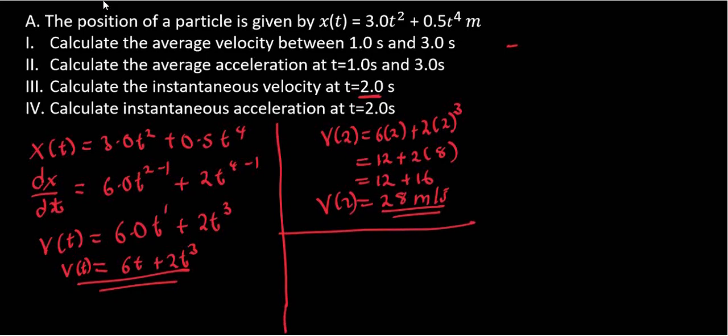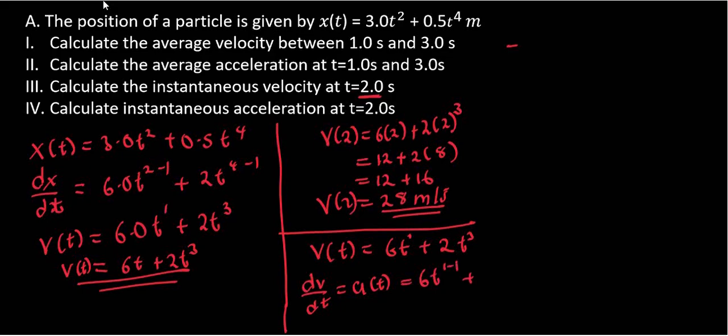So if you have instantaneous velocity, then what's the next thing? Calculating now the instantaneous acceleration. So how do we do that one? We have to differentiate the equation of the velocity. What's the equation of the velocity? 6t plus 2t cubed, right? So let's differentiate that one. dv over dt will give us the acceleration. 1 times 6 is 6, t to the power 1 minus 1.